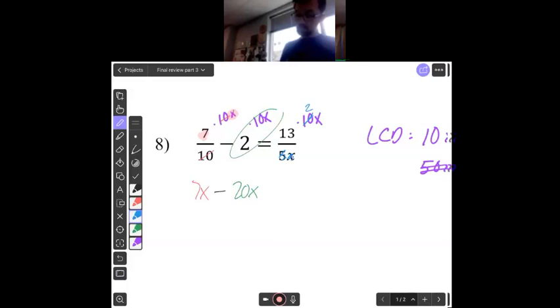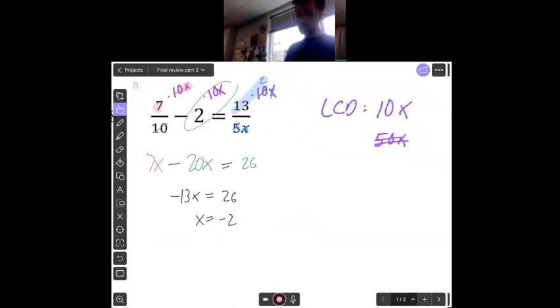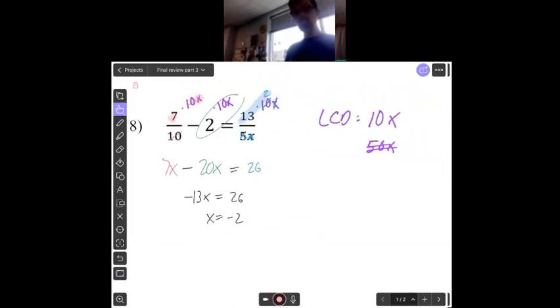And then the x's would cancel completely. So I just have this 2 and this 13 left over. So that would give me 26. So like terms on the left side give me negative 13x equals 26. Divide that, you get negative 2. Just seeing that LCD versus any common denominator, again, you could just start moving through the problem.